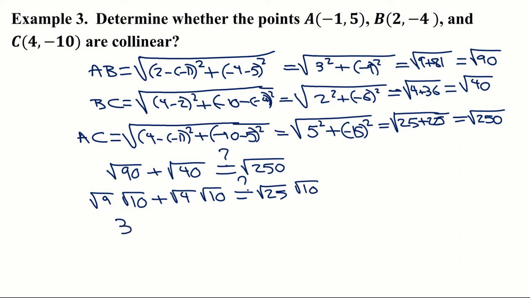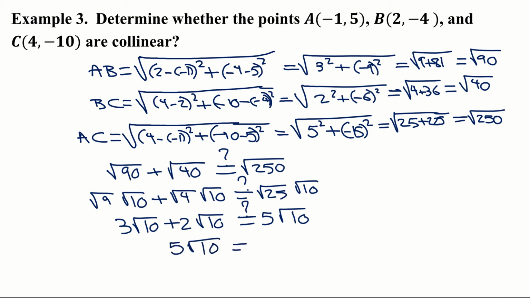So we have 3 square root of 10 plus 2 square root of 10, and we want to know if that's equal to 5 square root of 10. And of course, those are like terms, we can combine them. That's just 5 square root of 10, which is equal to 5 square root of 10.